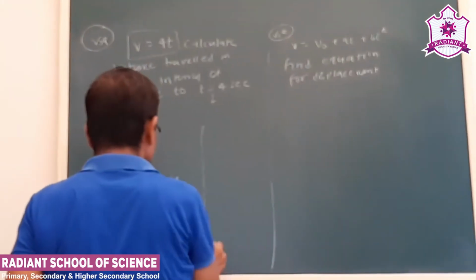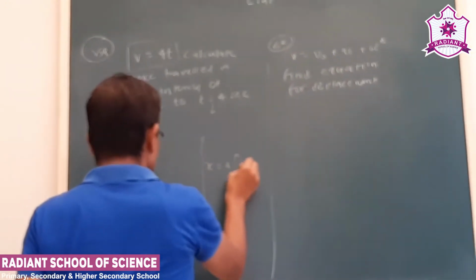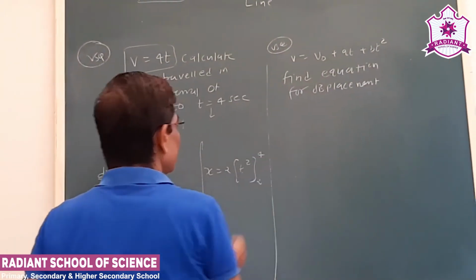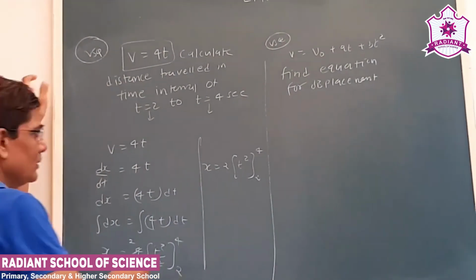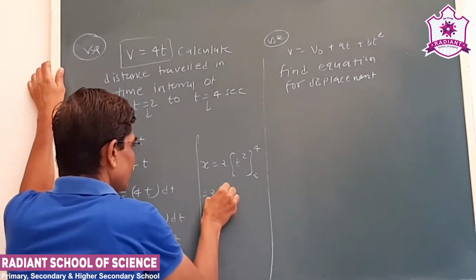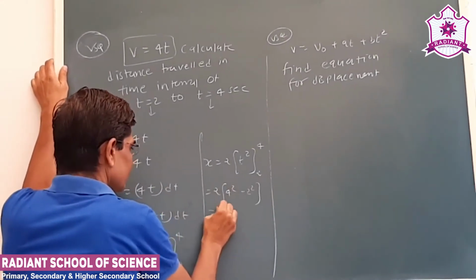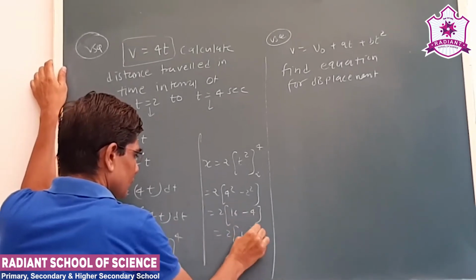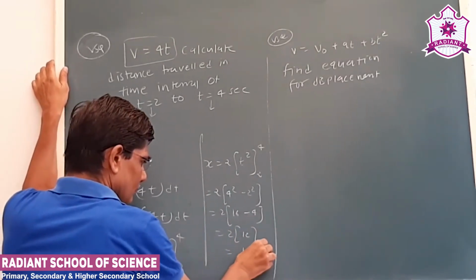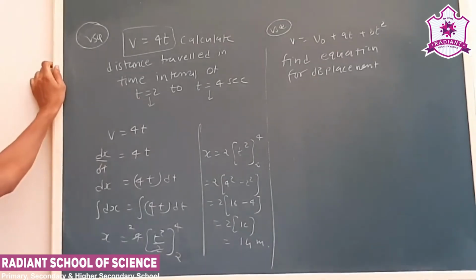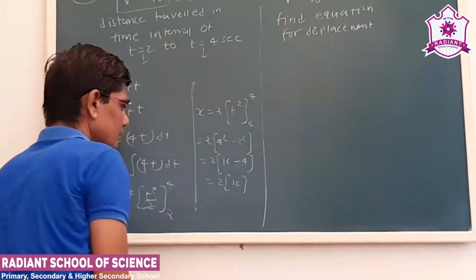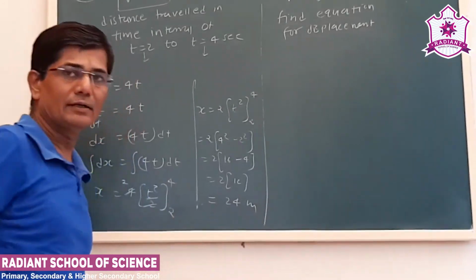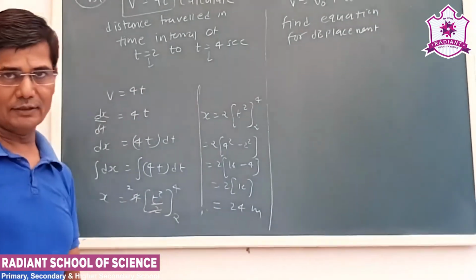So x is 2 into t square. Now we have to substitute upper limit and lower limit, that is 2 into 4 square minus 2 square. Okay. So this is how we can calculate distance covered.